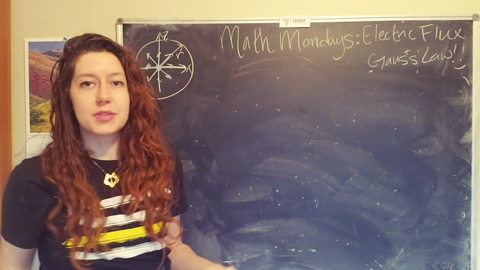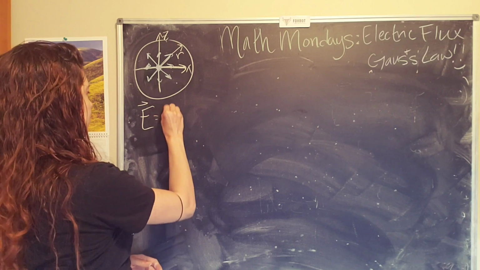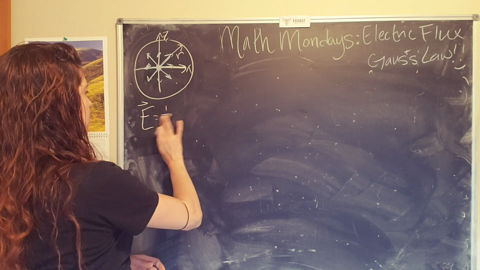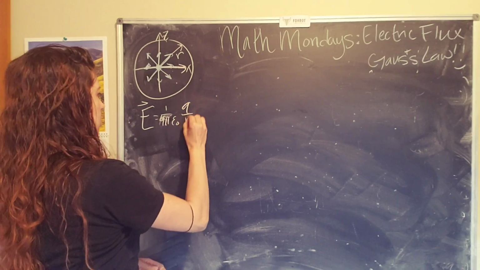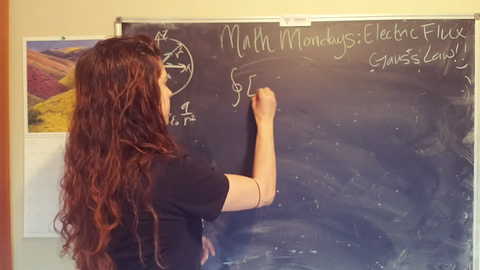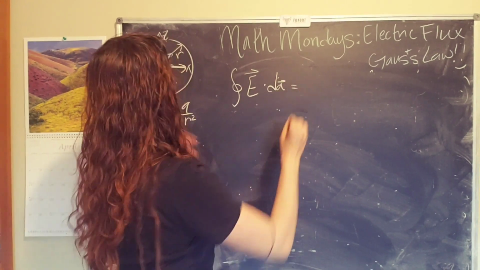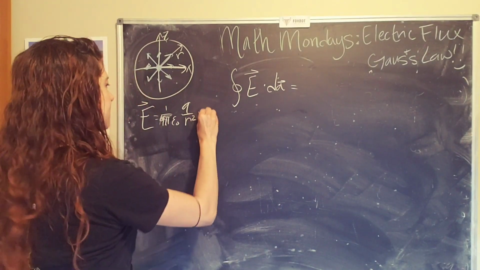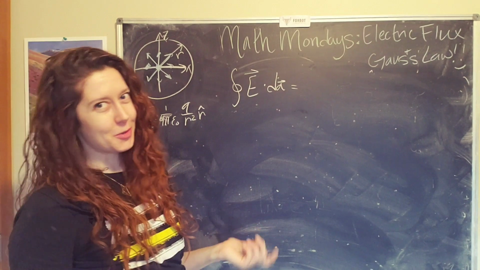And we can ask, well, number one, we know the electric field for a point charge at the origin: 1 over 4 pi epsilon naught, q over r squared. And so now we can plug that into our equation for flux, E dot dA. Whoopsies, I forgot, this is very important: dot products only work with vectors.